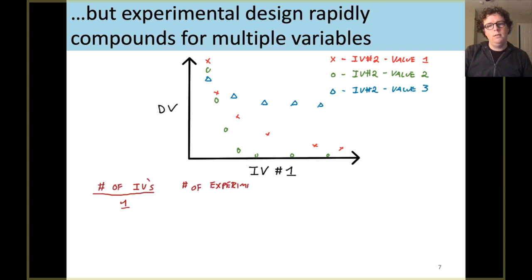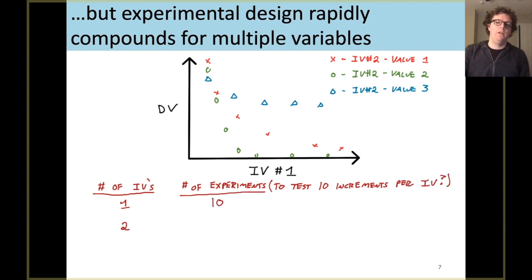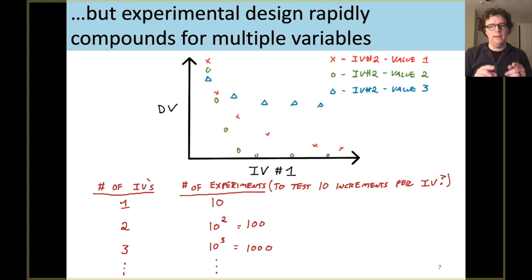So for one independent variable, let's say that you feel comfortable with 10 experiments per variable. If you have one independent variable, you would need 10 experiments. If you have two, you would need 10 to the second power or 100 experiments to cover that parameter space, because you'd want to test independent variable 1 across its entire range.